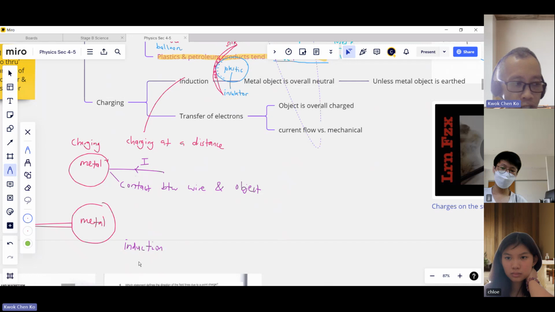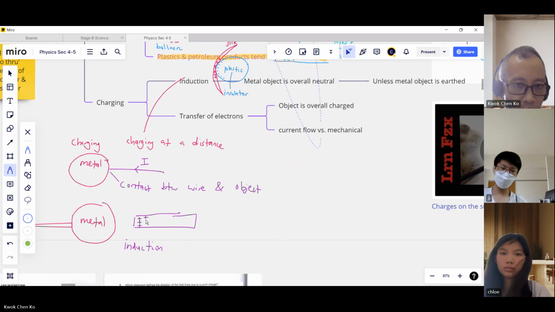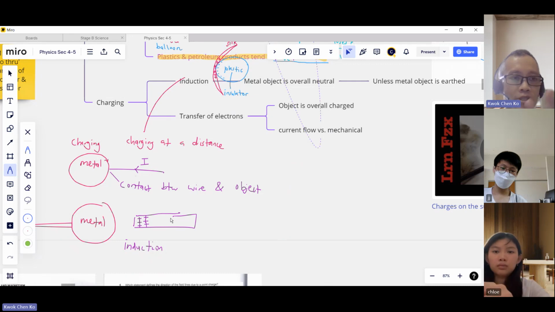This concept of induction: essentially what I do is I place another charged object, let's say positive. Now, I do not care whether this object is an insulator or a conductor, it does not matter. This object is charged. It does not touch, so there's no contact.